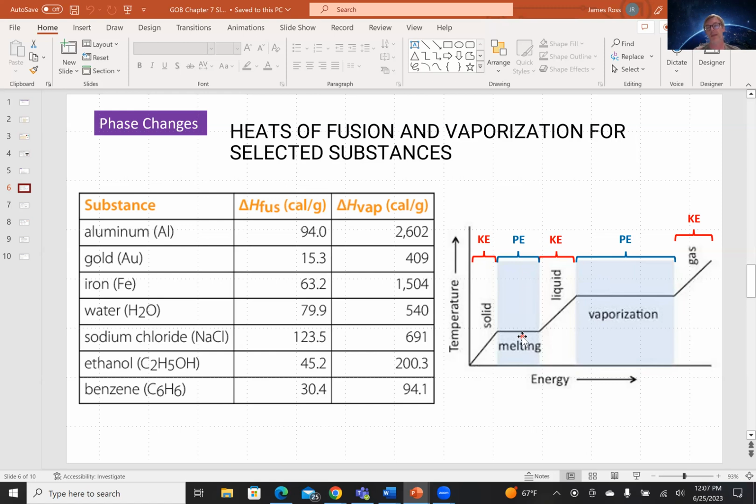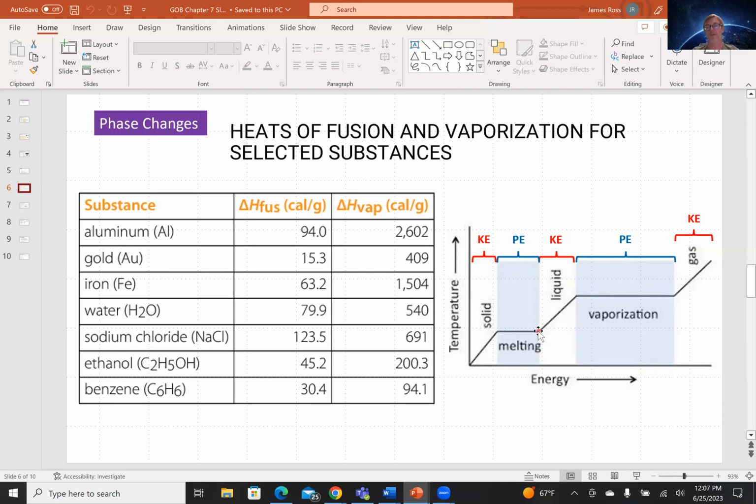Whilst we have a mixture of phases, we can't change the kinetic energy of the material. All we can do is change the potential energy, and it's this potential energy changing that causes the phase to change from solid to liquid. Because potential energy is not proportional to temperature change, we see no change in temperature. This gives rise to the fact that the melting temperature is a constant temperature. Hence, we have a melting point.